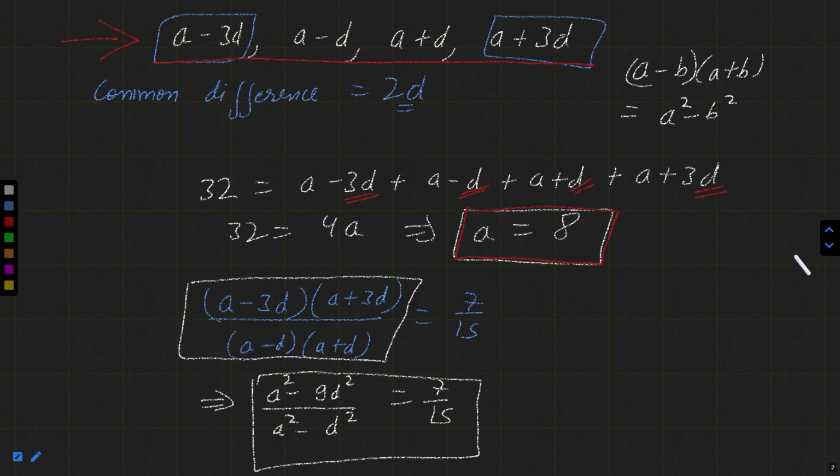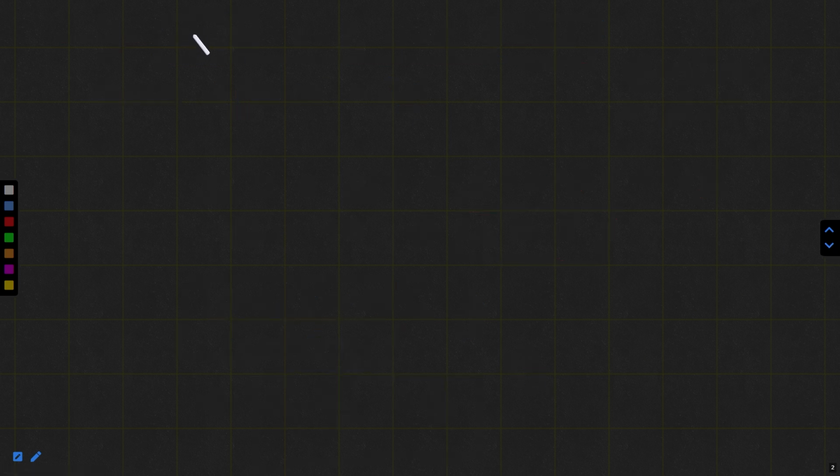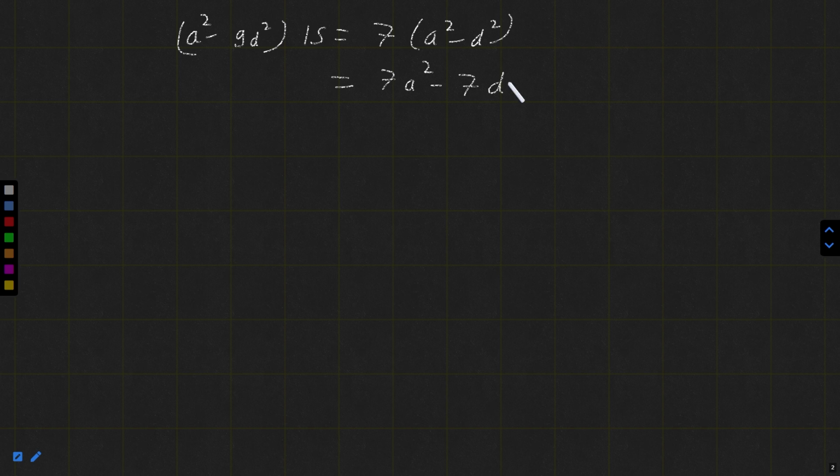Now cross multiply. After cross multiplication, (a square minus 9d square) multiplied by 15 is equal to 7 times (a square minus d square), which is further equal to 7a square minus 7d square, and 15a square minus 15 times 9d square.